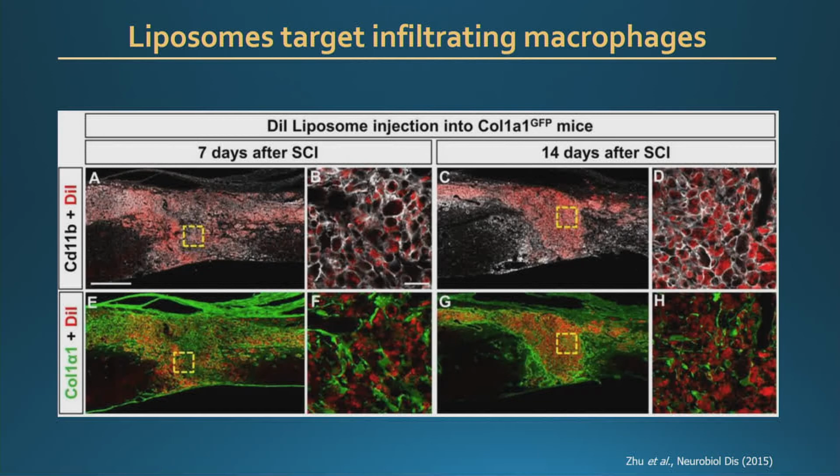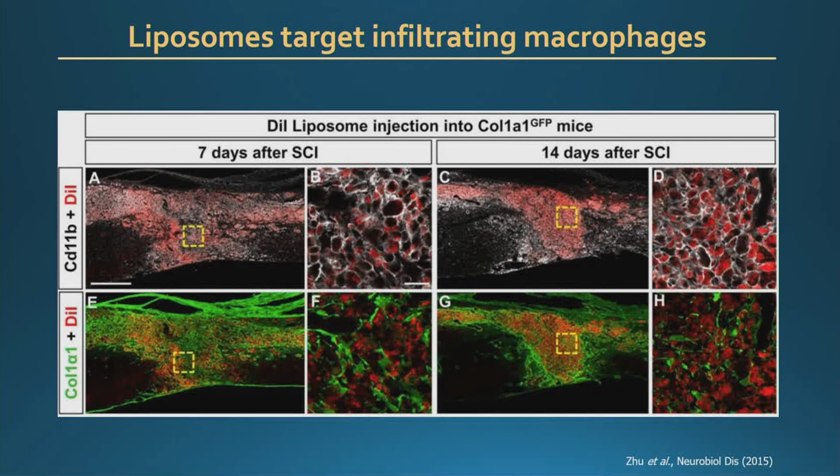After a spinal cord injury in a mouse model, Inzhao injected these commercially available liposomes. In this case, they were using a red dye that allows identification of the liposomes in the tissue. They injected systemically, and then they looked at 7 days and 14 days after spinal cord injury to see where these liposomes were located and which cells were co-localizing with them.